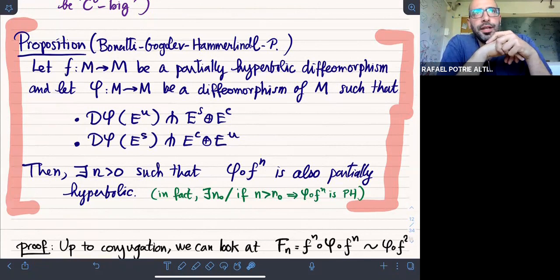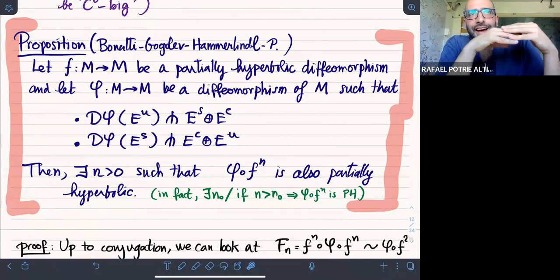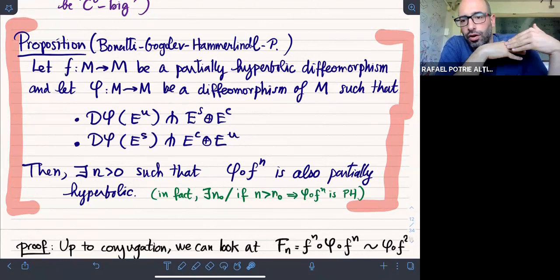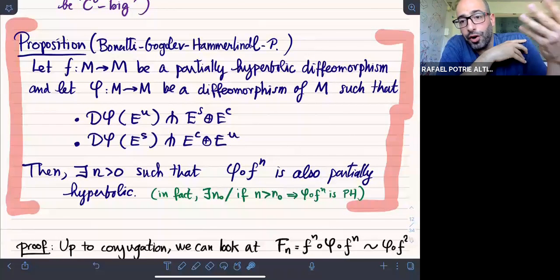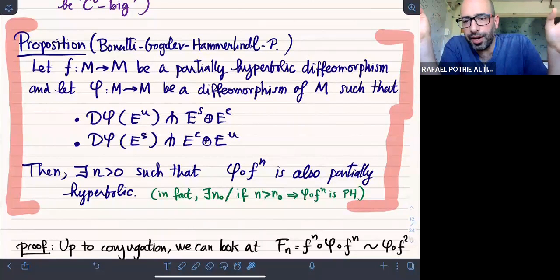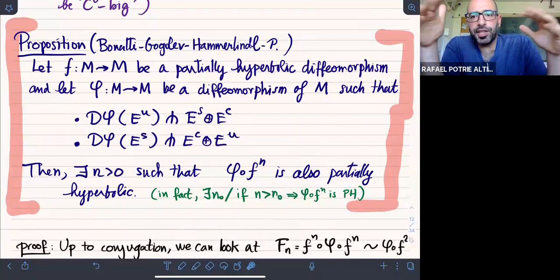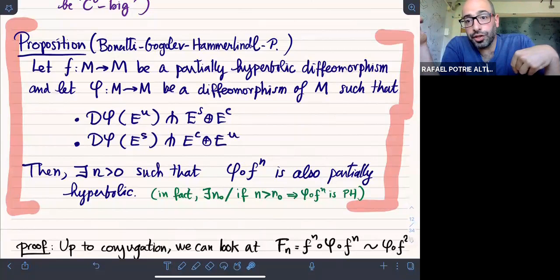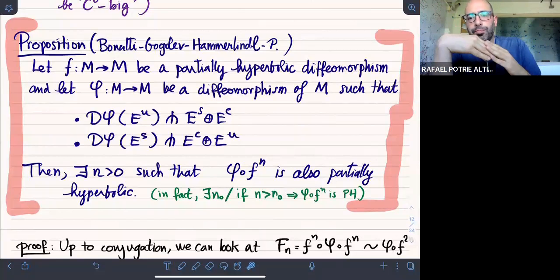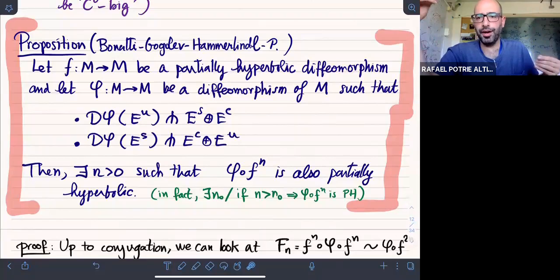So in general, if you take, say, the Anosov times the identity on the circle, or even a time one map of a geodesic flow, you perturb even among flows, and you are not conjugate. You are orbit equivalent, okay? And so in partially hyperbolic dynamics, you need to take into account the center direction to discuss equivalence. And you cannot expect that the center dynamics will be the same.